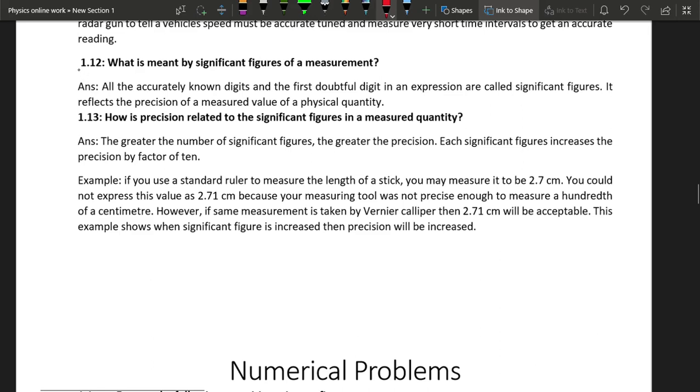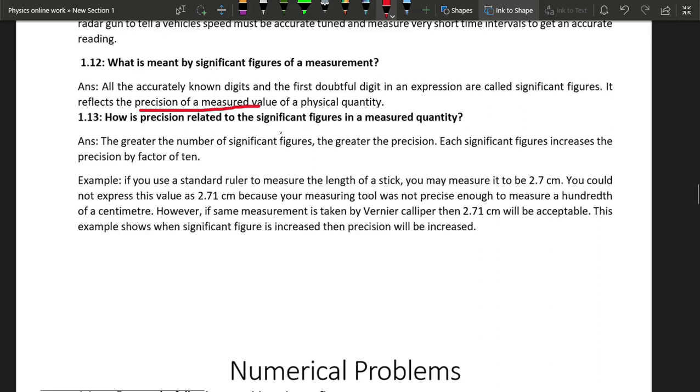You can see the details of significant figures in our lecture on that topic. For the answer, just write the definition of significant figures and this important point, that it reflects the precision of the measured value of the physical quantity.